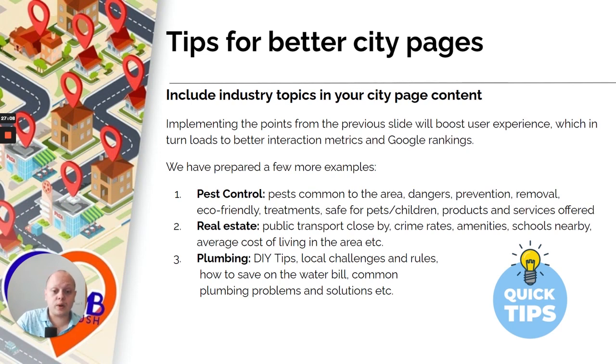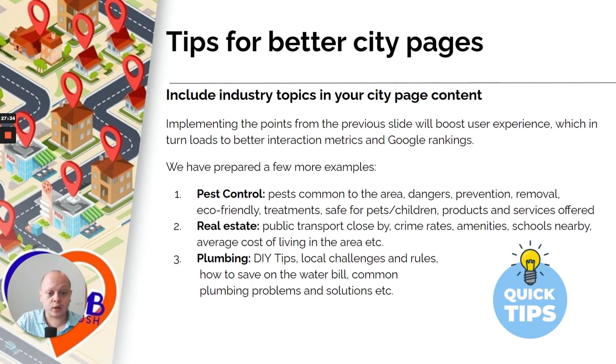For plumbing, for example, you can start with do-it-yourself tips instead of talking about your services. You can also talk about local challenges and rules. Maybe in your local town or local government, you cannot do certain things which you can do in other cities, and you can showcase that knowledge and explain it to people.